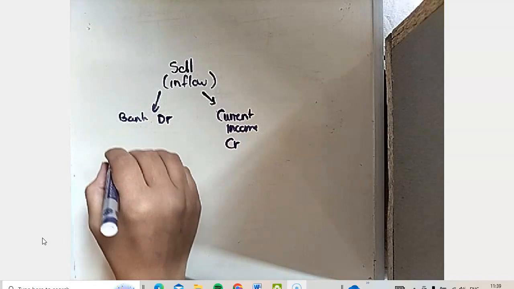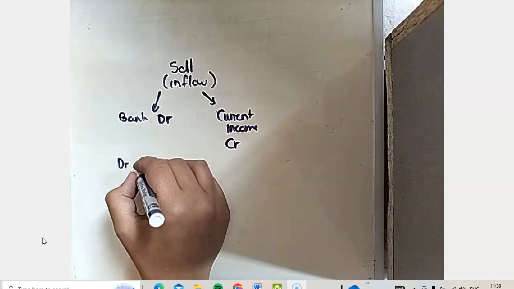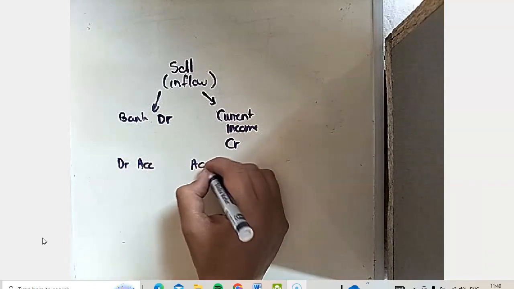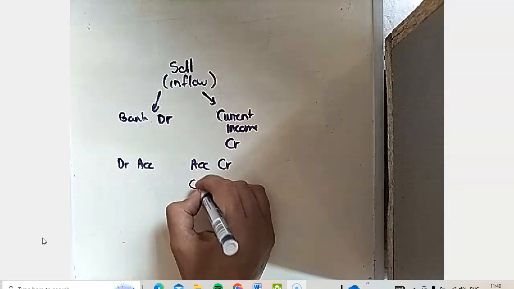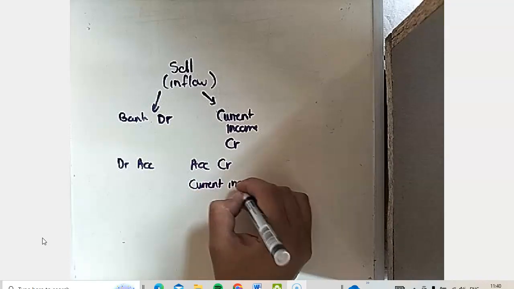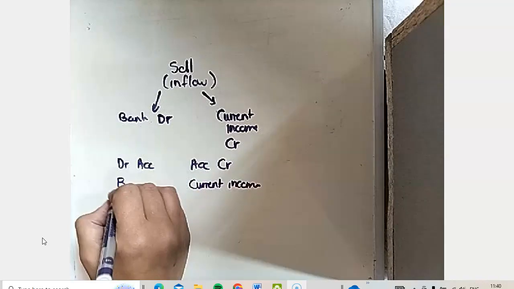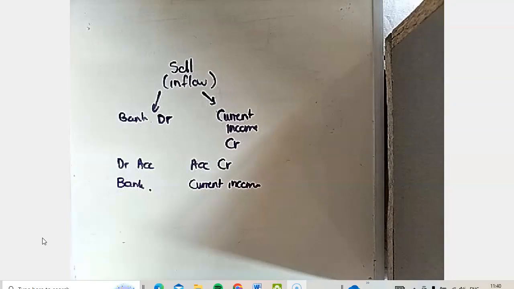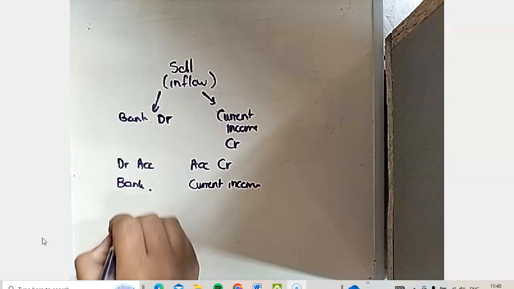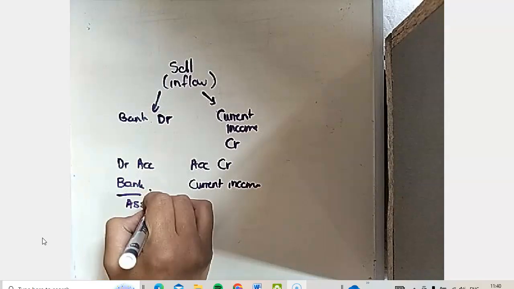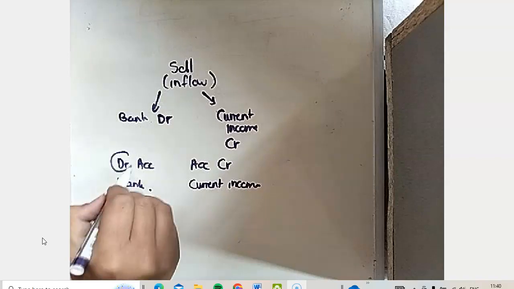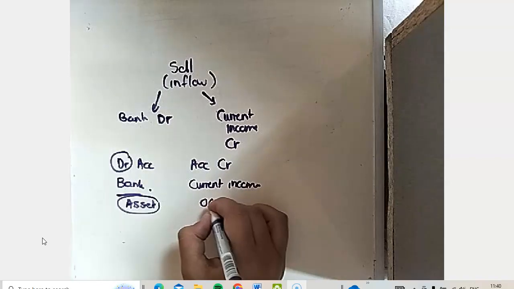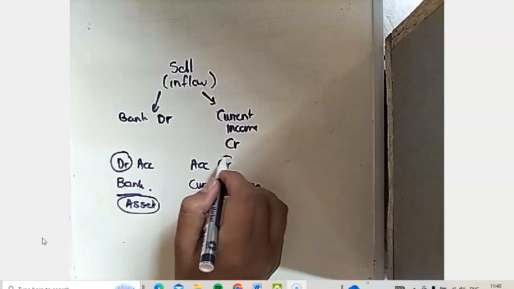Then your accounting equation will look like this: account debited is bank, and account credited is current income. For the important part of this section, you need to know which one is which. Bank is an asset, so you know in the asset column, it will be debited. Current income is an owner's equity. An owner's equity will then be credited.